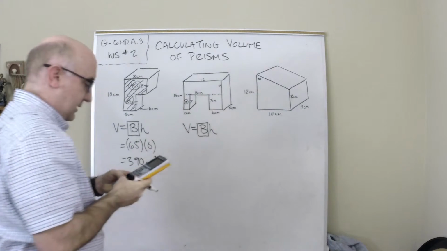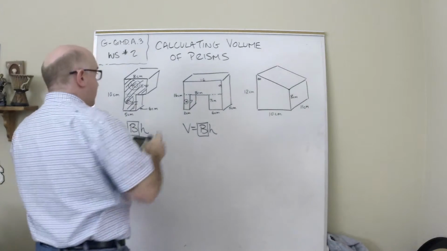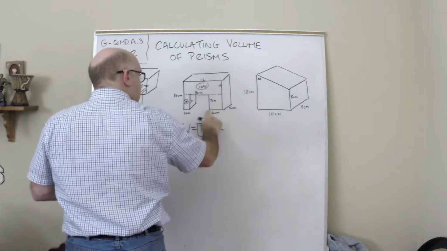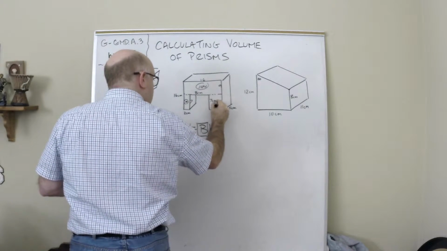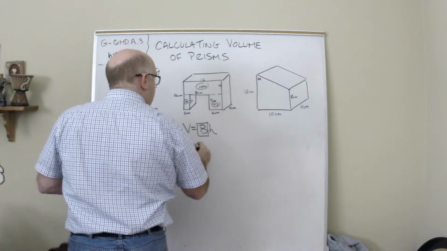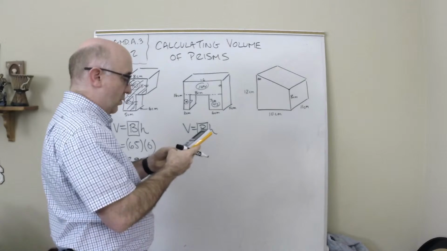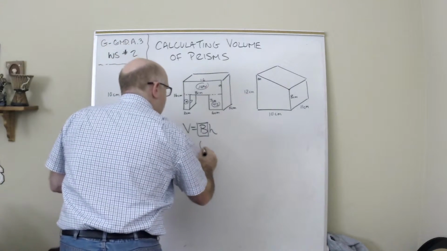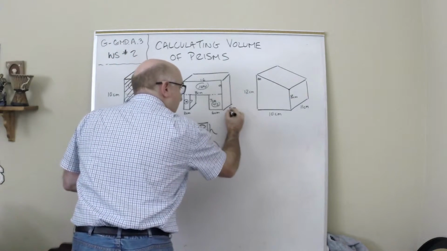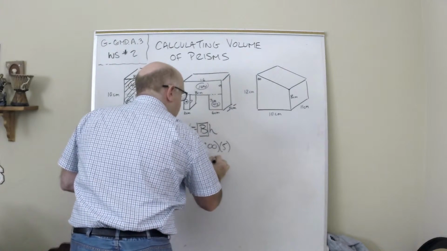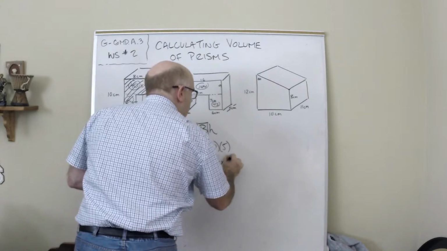So that would be 16 times 9, which is 144. And then here we have 7 times 6 for 42. So one way to handle this is to add those together: 14, 144, and 42. We get 200 there, and then the height is right here at 5. So we get 1,000 centimeters cubed.